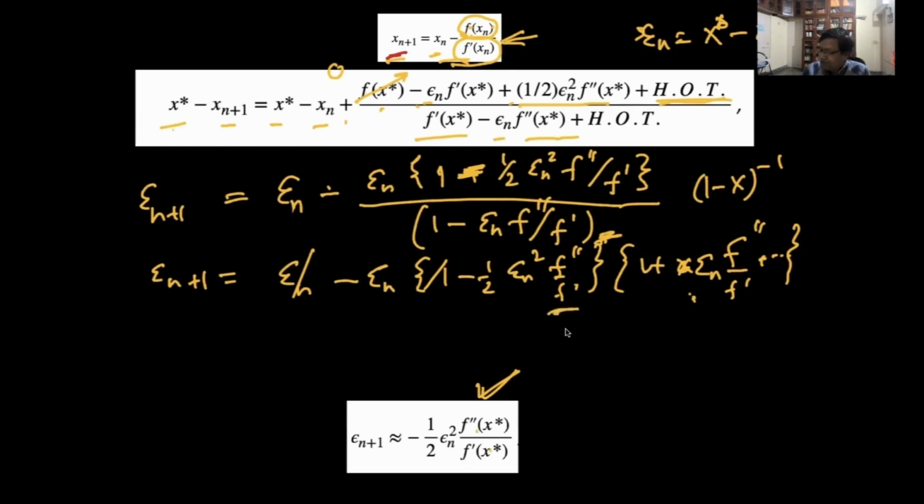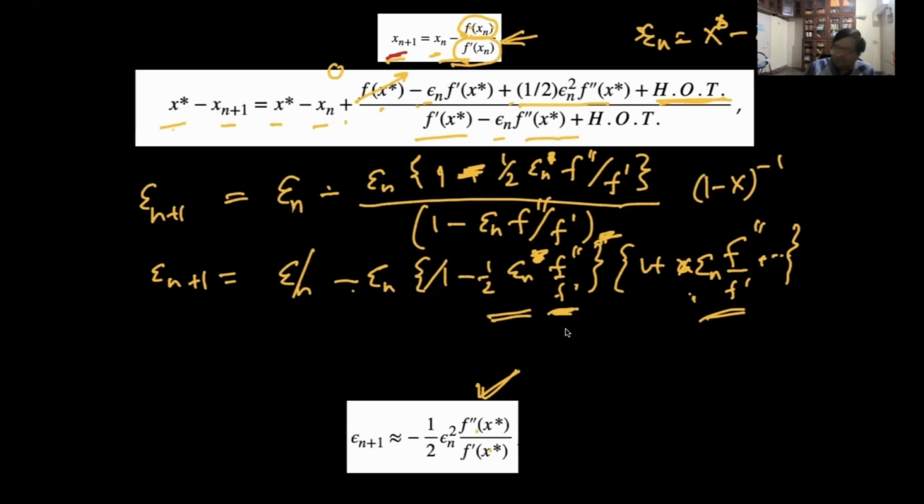The leading order term comes from here, which is plus half, and the minus from here, so we get minus half. So you can see the error is decreasing quadratically.